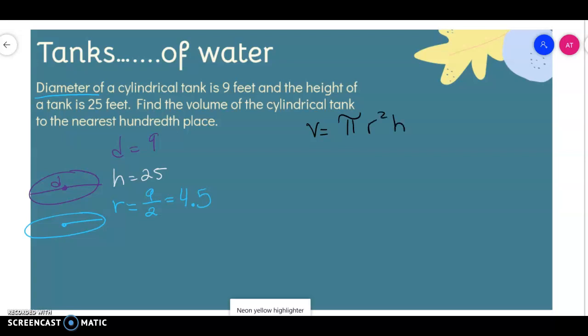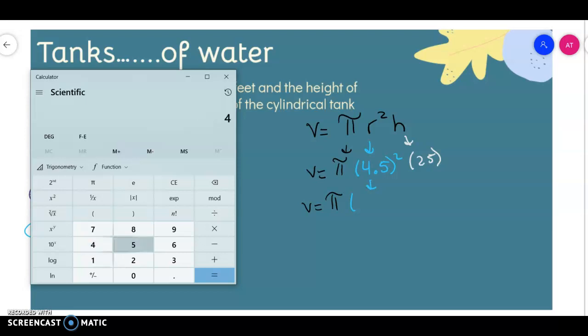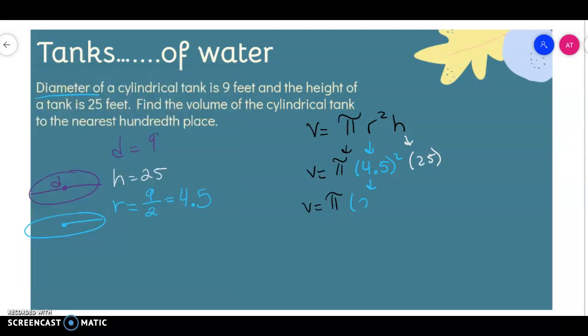V equals pi r squared. My radius is 4.5 squared. My height is 25. And I'm going to bring down my pi. So if I plug 4.5 into the calculator and square it, I'm going to get 20.25.